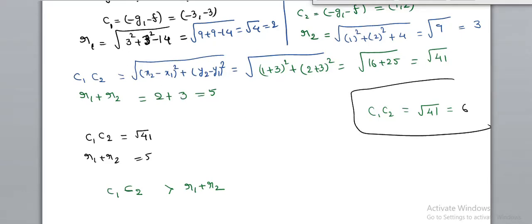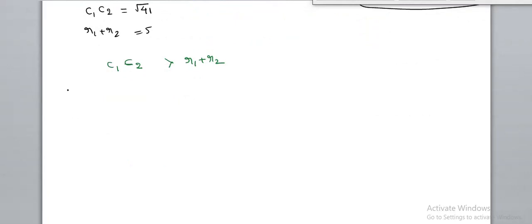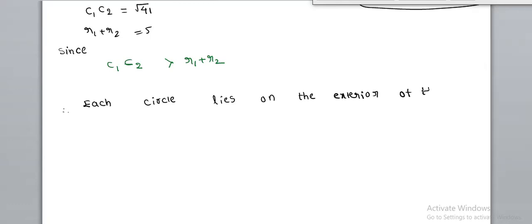Next, the last line. So what will we observe? Greater than condition. Therefore, since C1 C2 is greater than R1 plus R2, each circle lies on the exterior of the other circle.